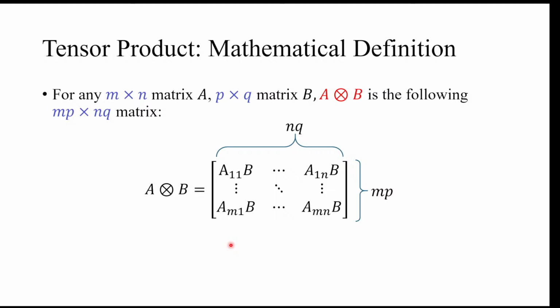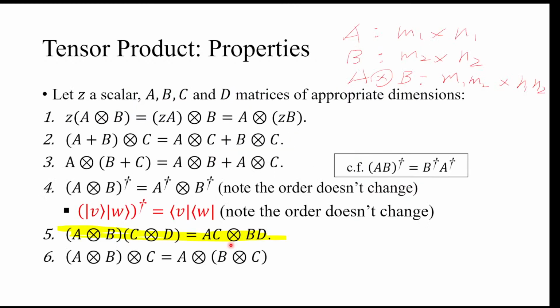Okay. And tensor product satisfies the usual product property. For example, you have the usual product property here. Okay. And the most important property that we use a lot is that tensor product respects the slots: when you have a tensor product multiplying with another tensor product, you are just doing multiplication within the slots. Okay.